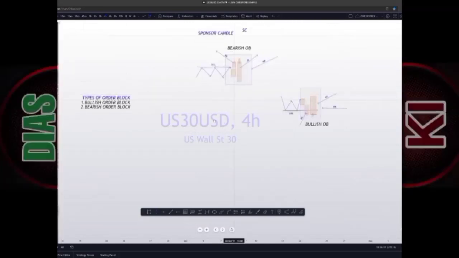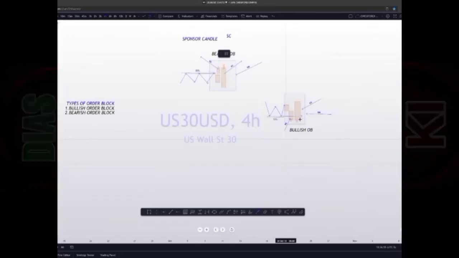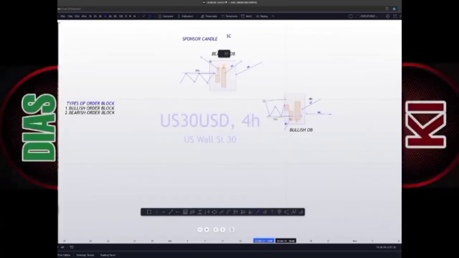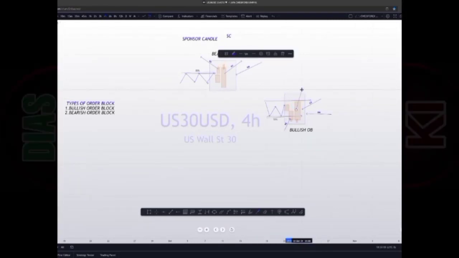So as I've drawn over here, let's just use this. And you see price break this previous swing high. So we have this break over here.